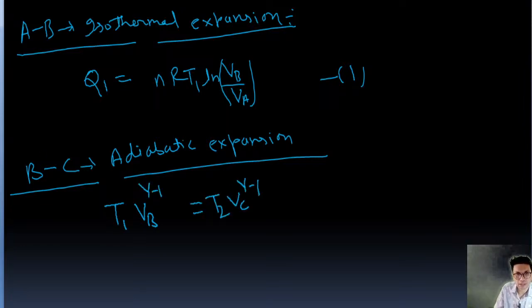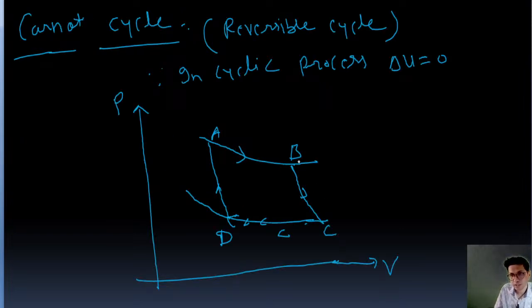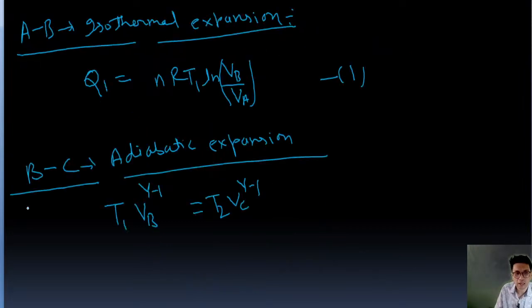This is the one, guys, for B to C, right? This is equation number 2, because we know T V to the power gamma minus 1 equals constant in an adiabatic process, right?